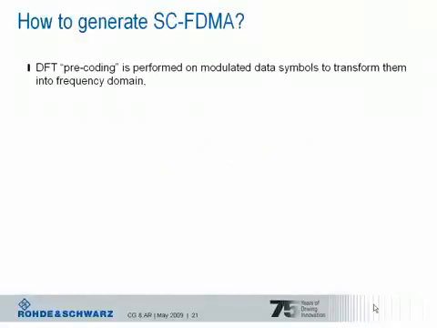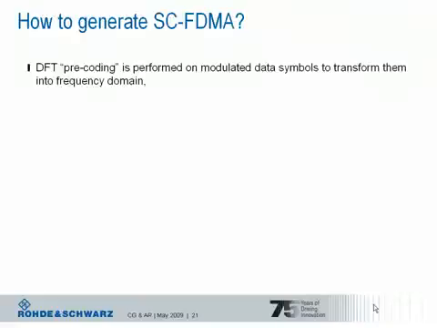Now, how is a single carrier FDMA signal generated, from a high-level perspective? First of all, there's another block in the signal processing chain. A discrete Fourier transform is performed on the data symbols after serial-parallel conversion, which transfers them from the time into the frequency domain.